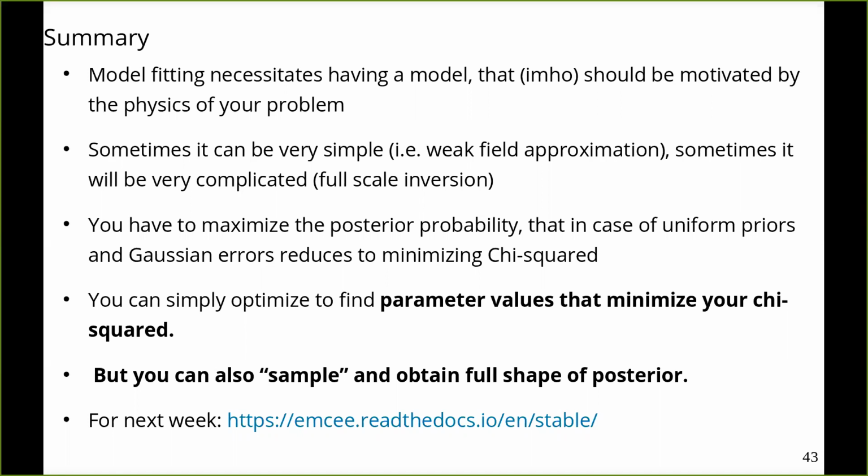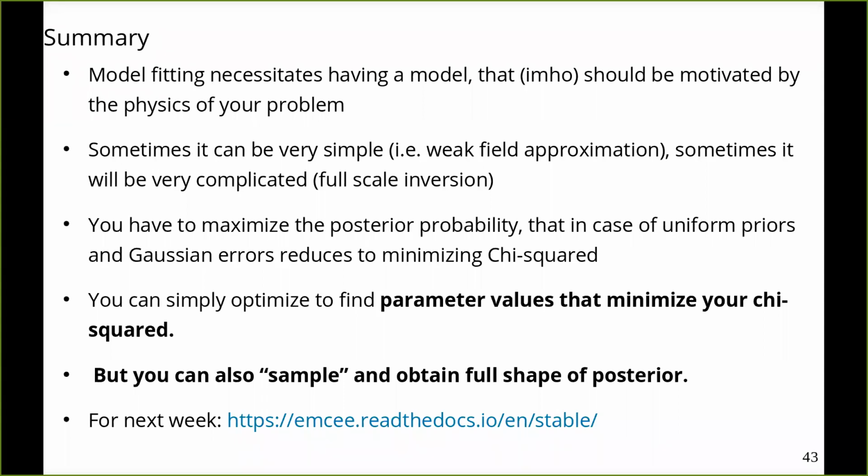We call it least squares because there is a difference between the observed and the modeled value, and then square, right? And then if you're only interested in the chi-square minimum, you can just use an optimization method to find that minimum value. But if you can afford it, then you can sample and you will obtain the full shape of your posterior function, and then you can analyze it and learn much more.